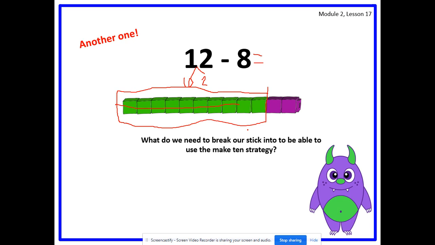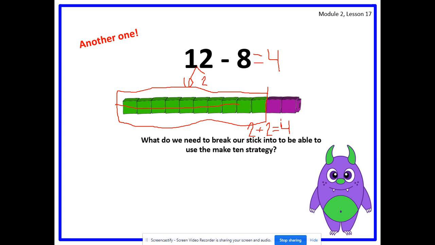Get ready. Yes, 2. How many outside? Get ready. Yes, 2. So 2 plus 2 equals, get ready. Yes, 4. So 12 minus 8 equals 4. Way to go.